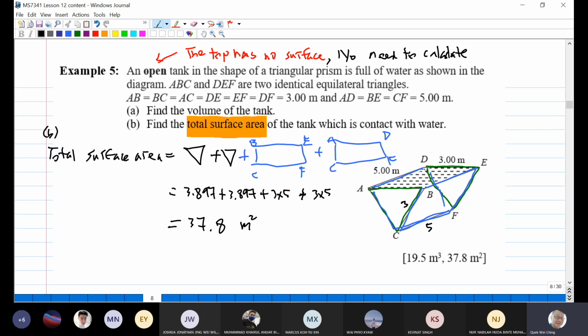No need to calculate A, D, E, B. So this is how you calculate Example 5 part B.